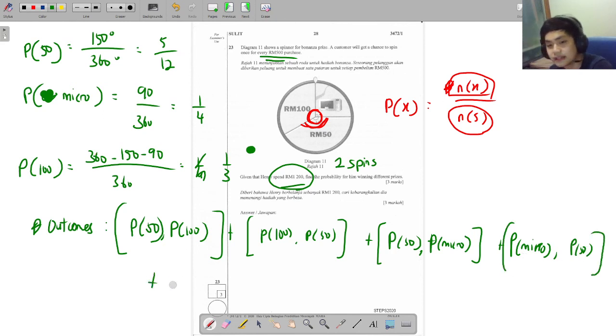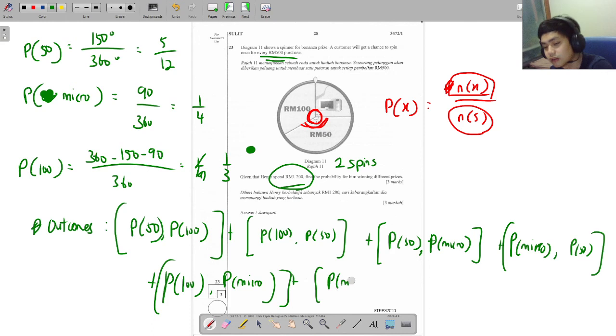And the last one is he gets 100 ringgit and the microwave, and the other way around. So we have a couple of outcomes here to work with, right?